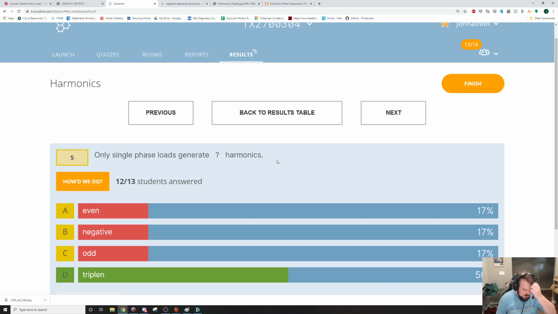Triplen harmonics. Oh, that's the odd multiples of the third harmonic. Oh, third, ninth, 15th. Okay. This is on page 101. There's a title, Triplen Harmonics, and you can read up about that.